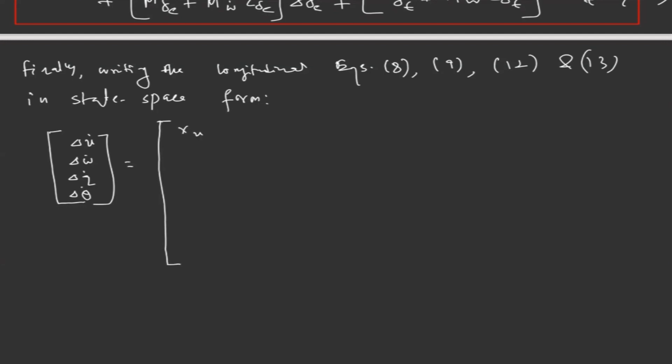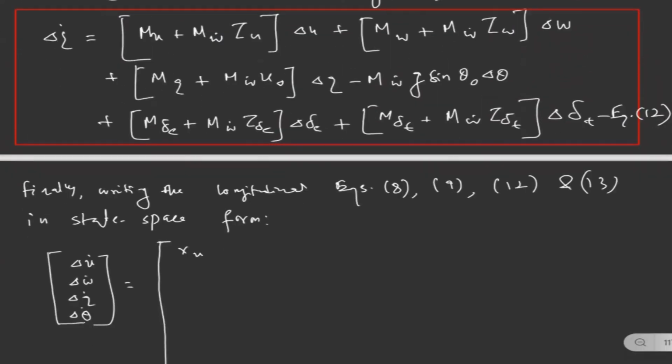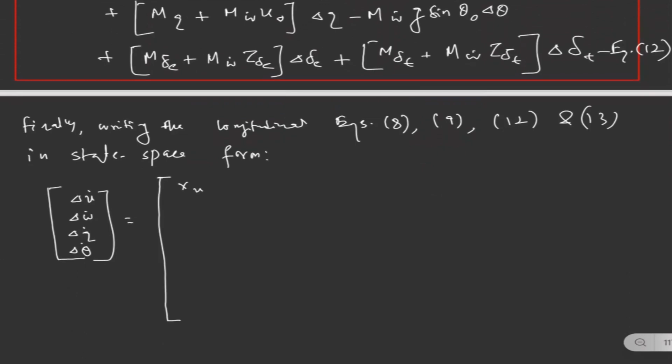and our A matrix we can come up with as follows. From the delta U dot equation, we consider the coefficients: XU, XW, 0, minus G cos theta naught. From the delta W dot equation, the coefficients ZU, ZW, U naught, minus G sine theta naught.